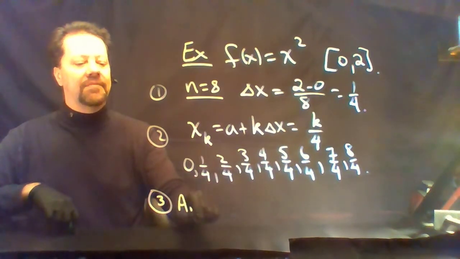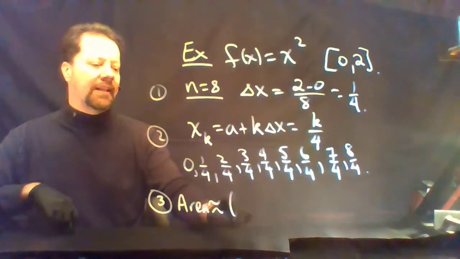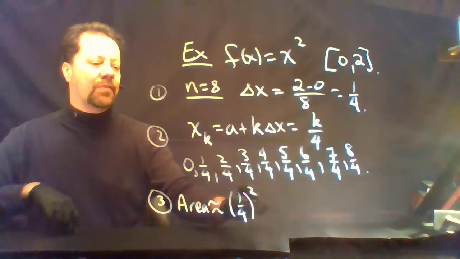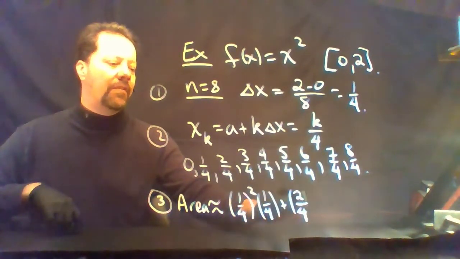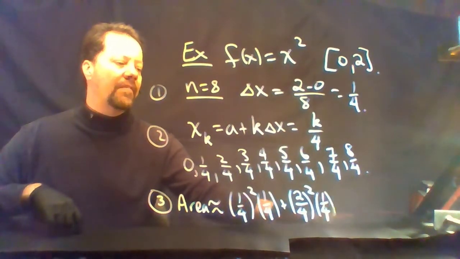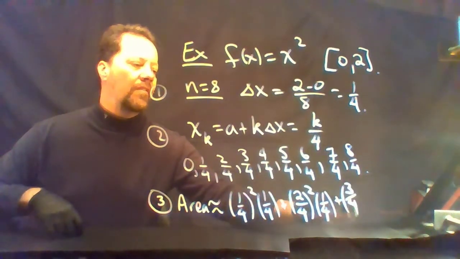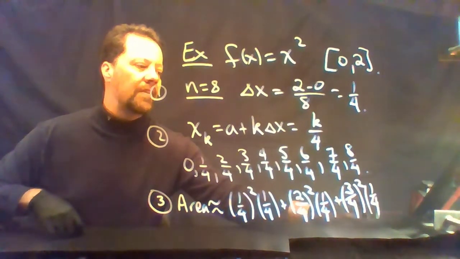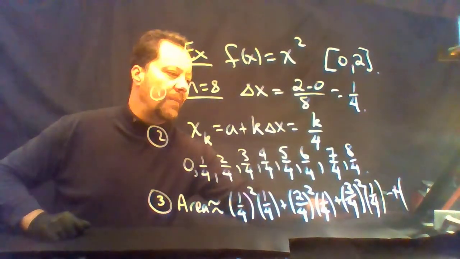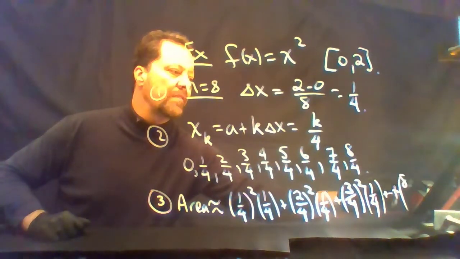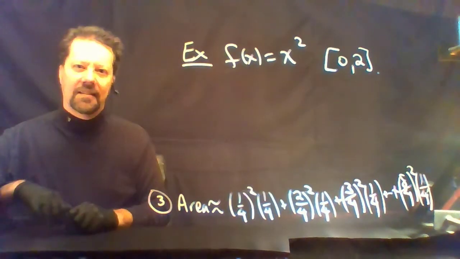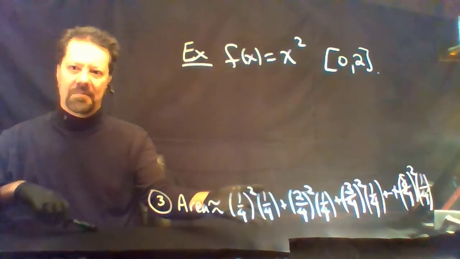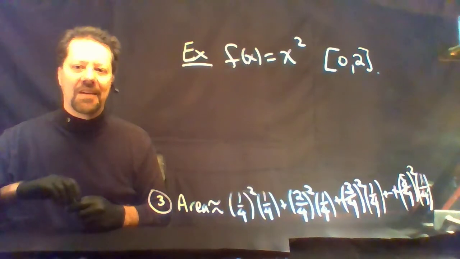So the area will be approximately 1/4 squared times 1/4, 2/4 squared times 1/4, 3/4 squared times 1/4, and so on until we get to 8/4 squared times 1/4. This is our Riemann sum. Did I mention that Riemann lived only to the age of 39?